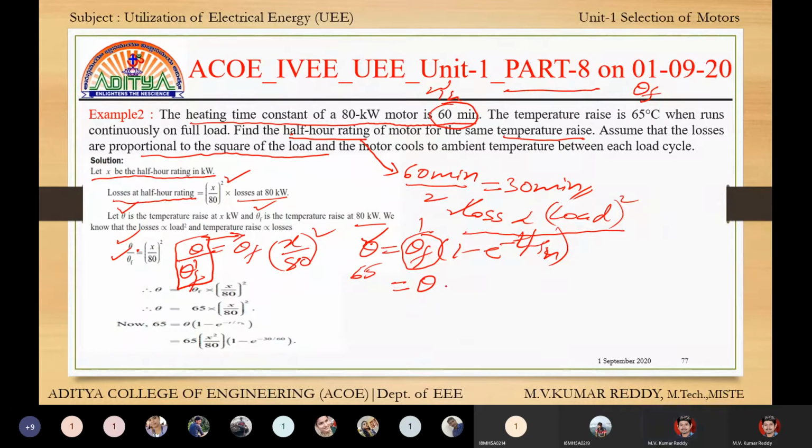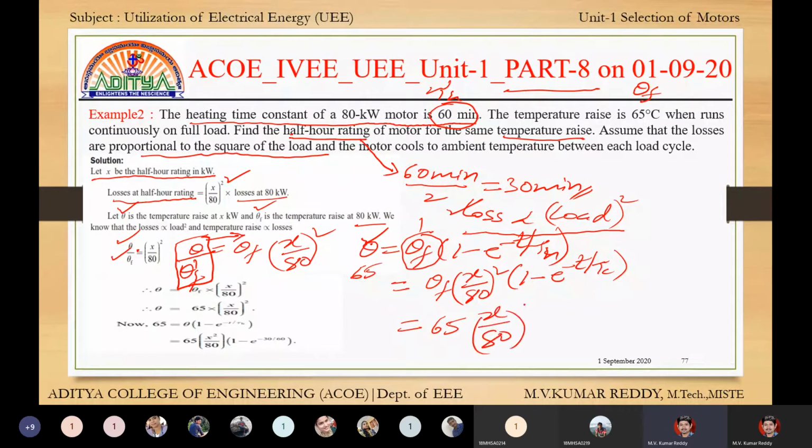That means theta is equal to theta f into (x/80) whole square into (1 minus e power minus t by tau h). What is the value of theta f? 65, the maximum value is 65. What is the value of t?